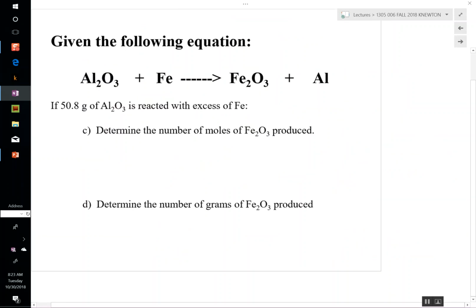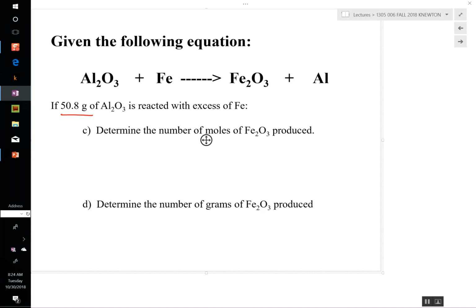Okay, let's go on to the second problem. This is the same equation, same amount of stuff we're starting with, but we're asking some new questions here. Determine the number of moles of iron oxide, this is ferric oxide, iron 3 oxide, that would be produced.